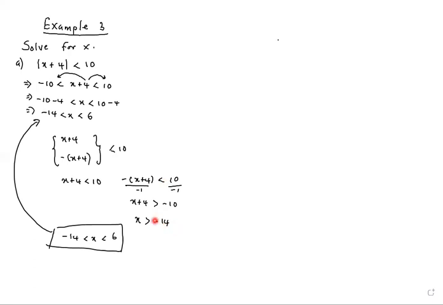You can put this as one interval. Since x is less than 6, but x is bigger than -14, then you can say x lies between -14 and 6. This is what we have here. Thank you, sir.